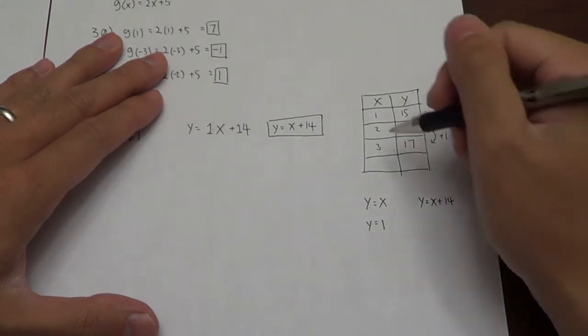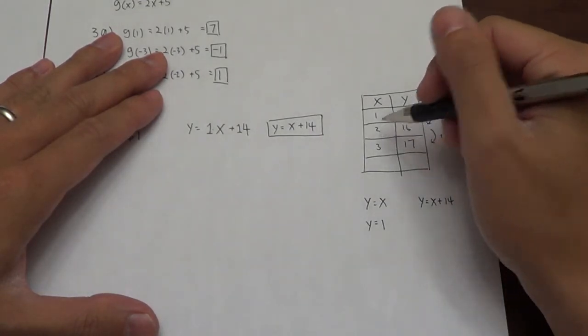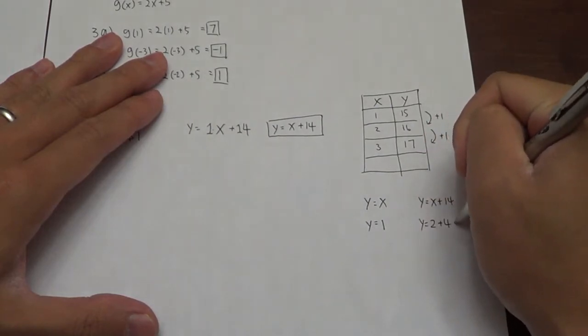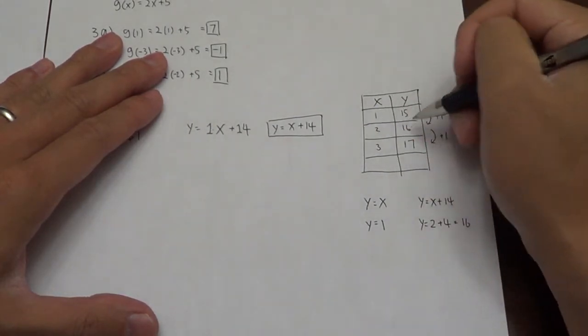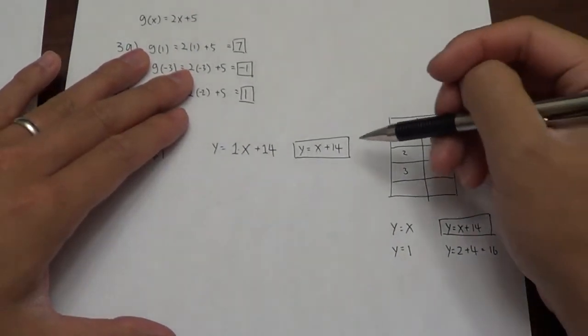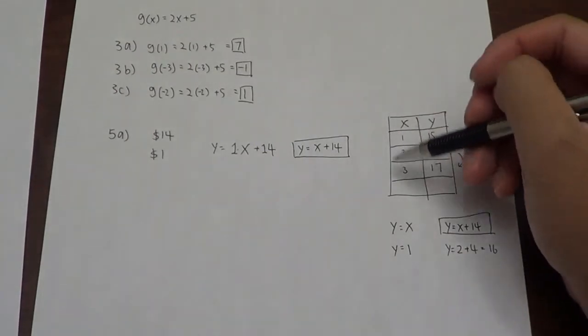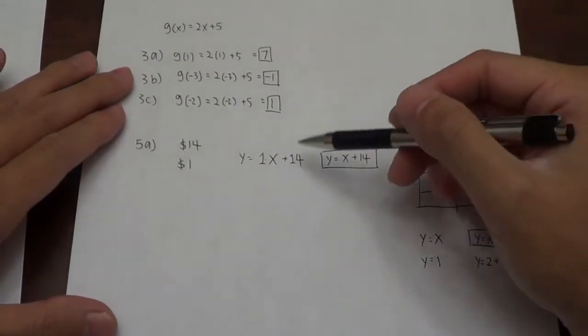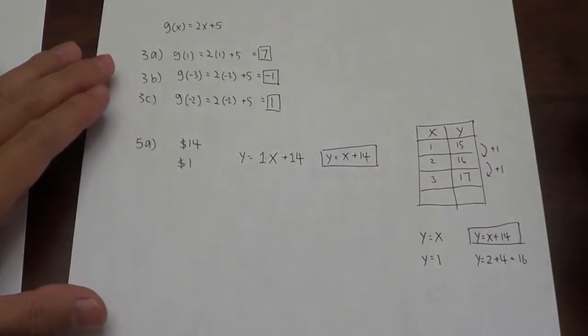So we can plug in another value for x. If x is 2, y equals 16. That confirms that this is our equation. And you can see it's the same thing that we came up with over here, but you would need to go through this process to get that. So if you can get it from the word problem itself, that will save you some time.